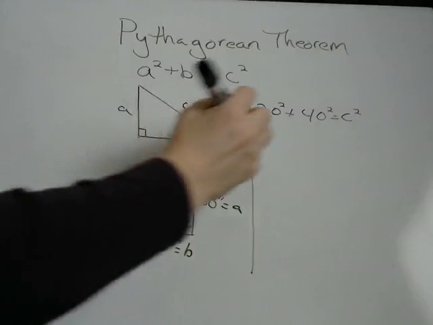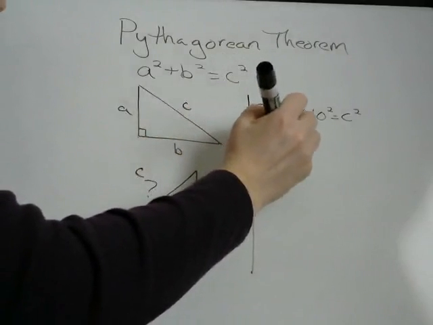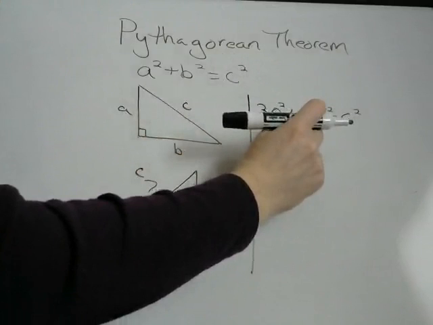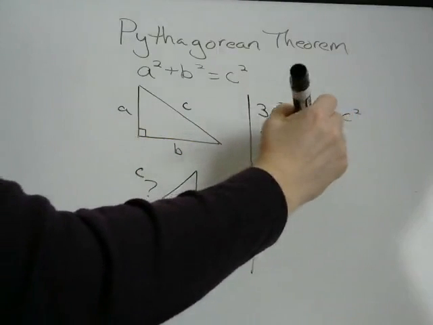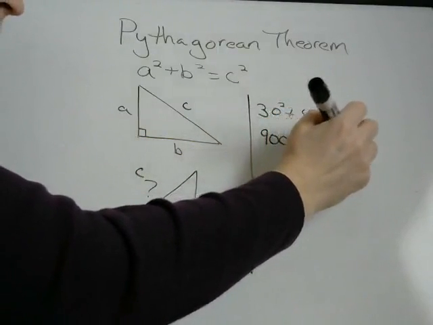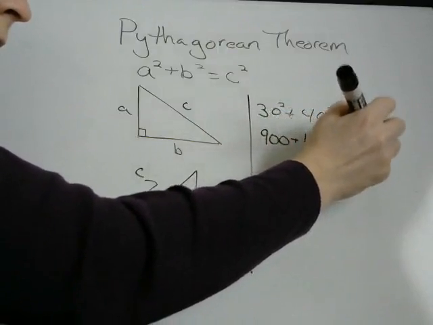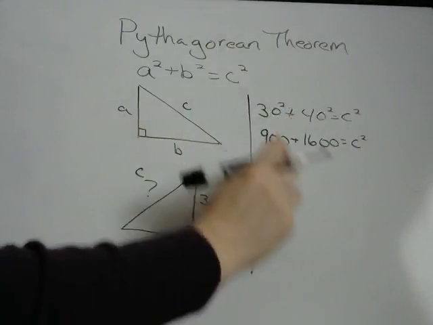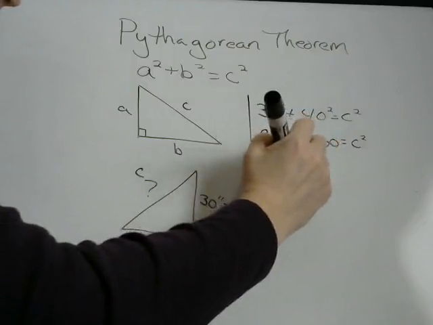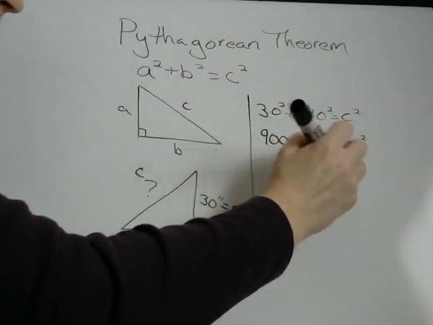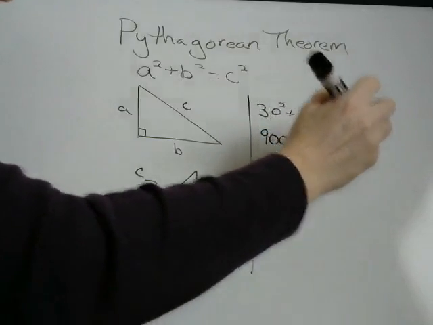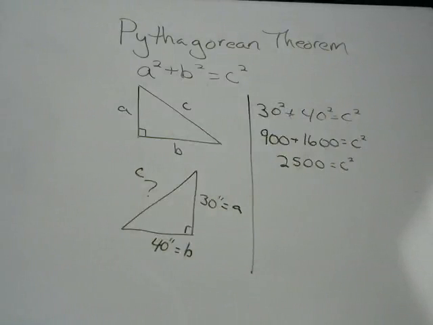You can plug that into your calculator. You get 900, plus 40 squared means 40 times 40, 1600, equals C squared. 900 plus 1600 is 2500 equals C squared.